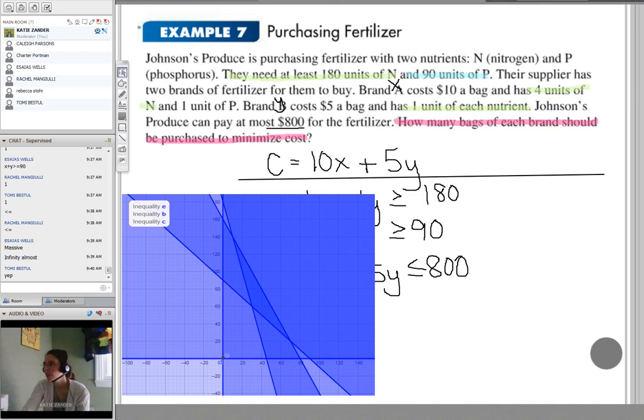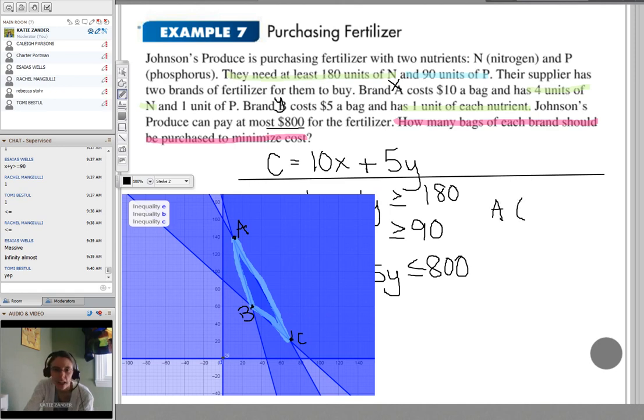So the feasible region is the darkest blue, right? So the darkest blue is happening in this triangular shape right in here. So there are 3 vertices that we need to find. And we're probably going to have to use GeoGebra to the best of our ability here to try to get as accurate as possible with these corner points. Let's start with point A at the top there.